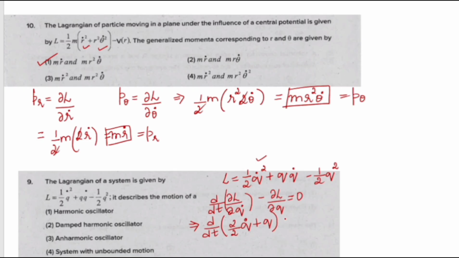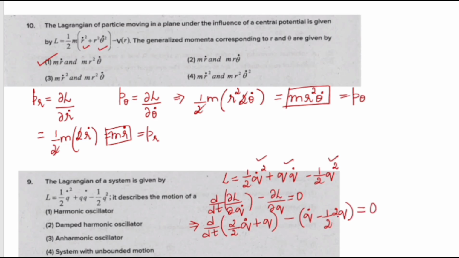So I am closing the bracket, minus the partial derivative of L with respect to q. We have two terms containing q. The first term is q dot times q, where q dot is constant. The partial derivative of q is 1, minus half of the partial derivative of q square, which is 2 times q.